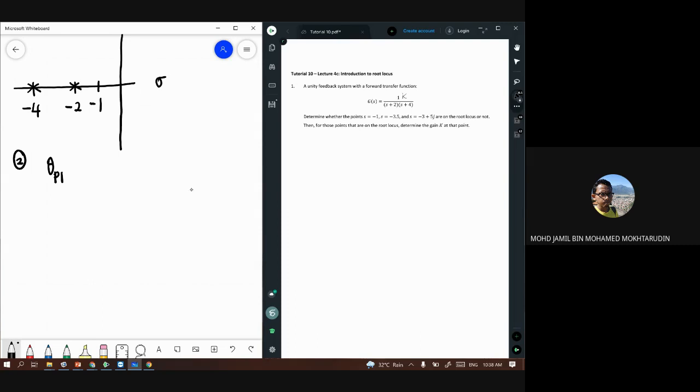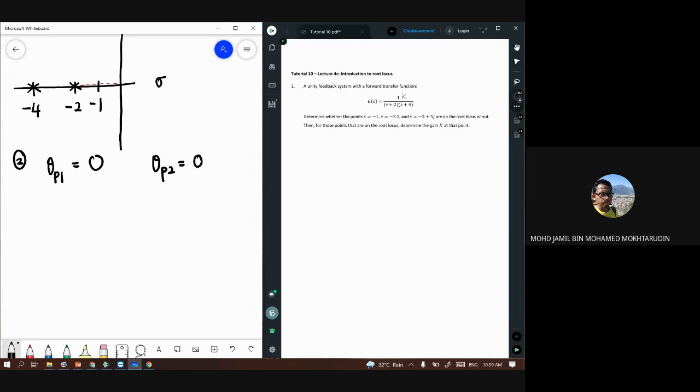So the angle made from minus 2 to minus 1, if we measure from positive x, it is 0 angle. So theta P1 equals 0. And similarly, theta P2, which is from -4 here, also equals 0.